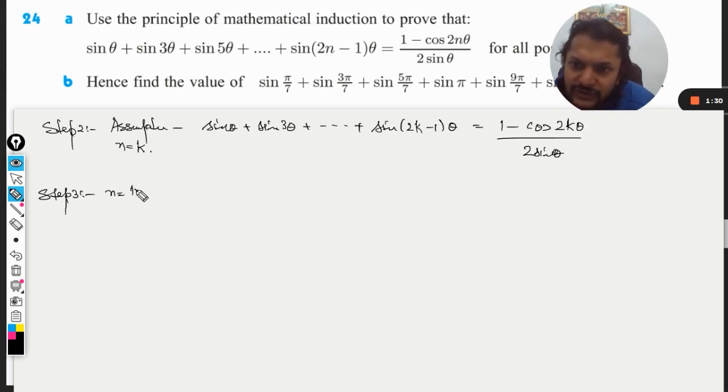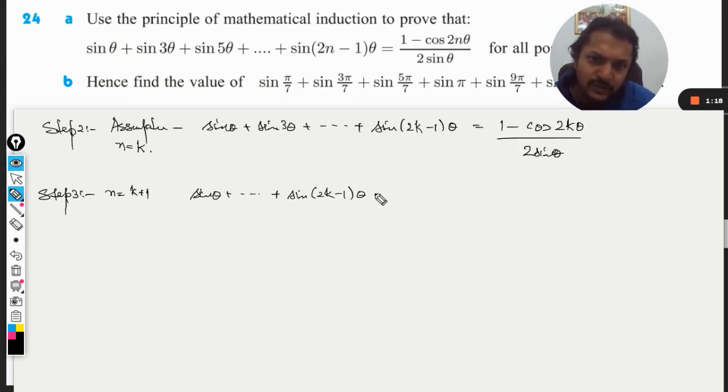So what is step number three now? Now we are going to substitute n is equal to k plus 1. So it will be sine theta up to sine of 2k minus 1 theta, plus one more term, which is sine of 2 into k plus 1 minus 1 into theta.